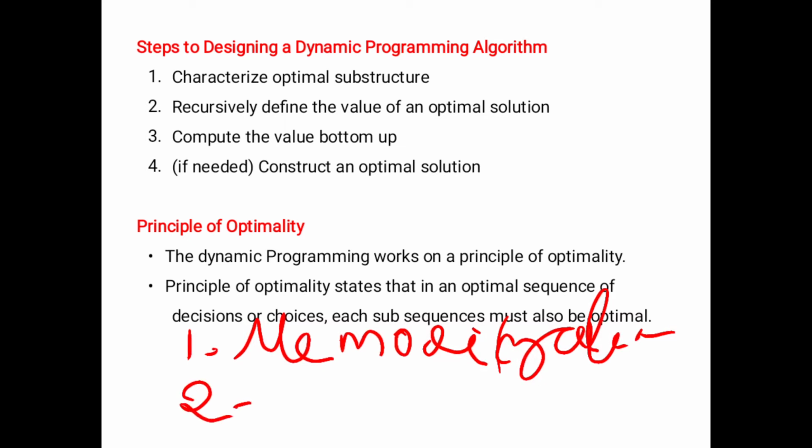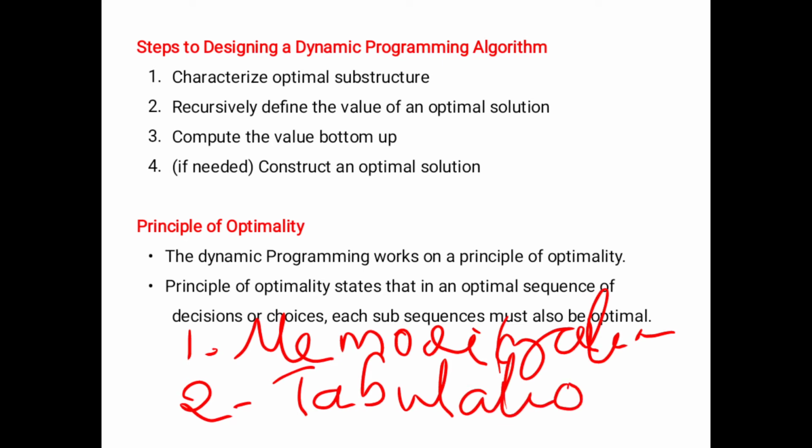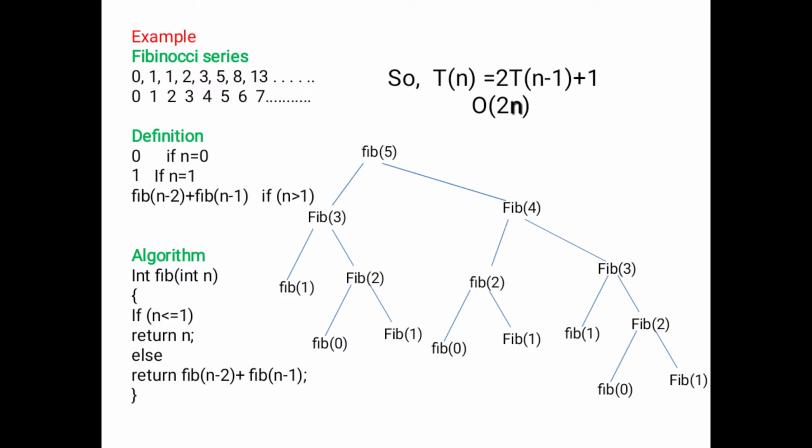Then the second one is the tabulation method. So these two methods are used to solve problems in dynamic programming. Here we can take the example of the Fibonacci series, which you already know.